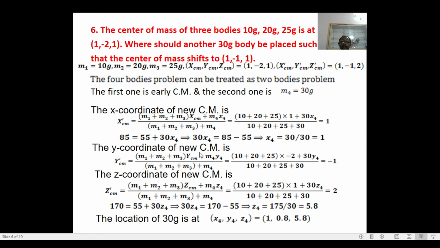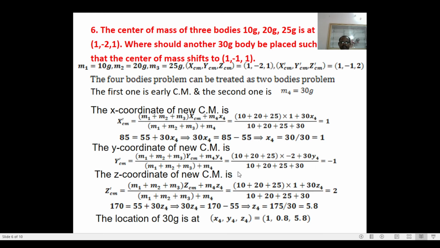The y coordinate of the new center of mass is ycm dash equal to m1 plus m2 plus m3 into ycm plus m4 y4 divided by m1 plus m2 plus m3 plus m4. Now this is equal to 10 plus 20 plus 25 into ycm, which is minus 2, plus m4 which is 30 y4, divided by 10 plus 20 plus 25 plus 30, which is equal to minus 1.